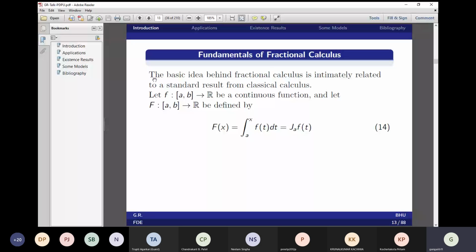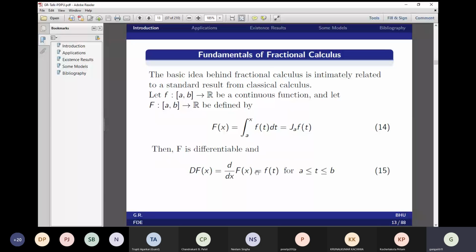Suppose f is a continuous function and capital F is a function defined by equation 18. Basically, capital F is the integral from a to x of f(t) dt, the integral representation of the function f(t).